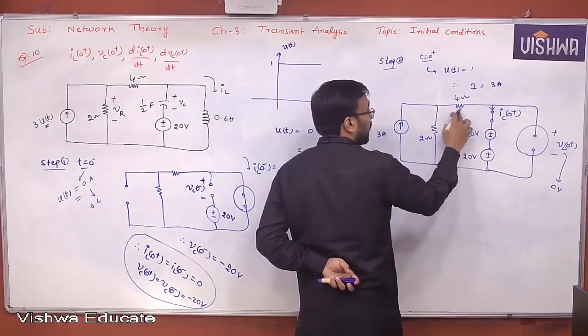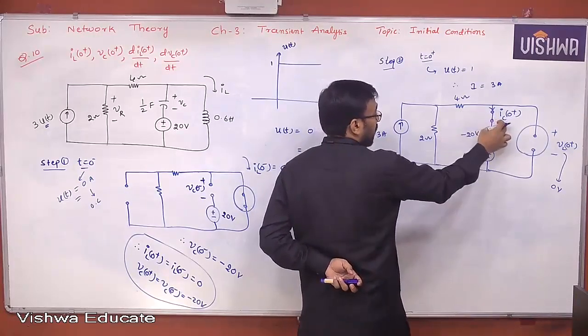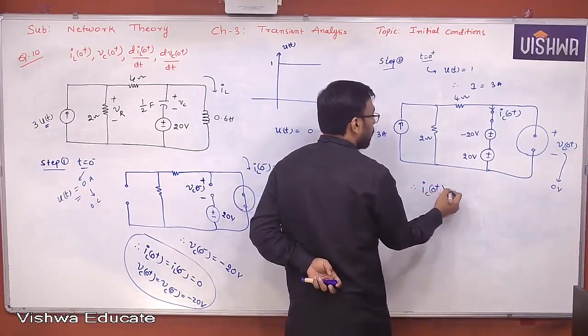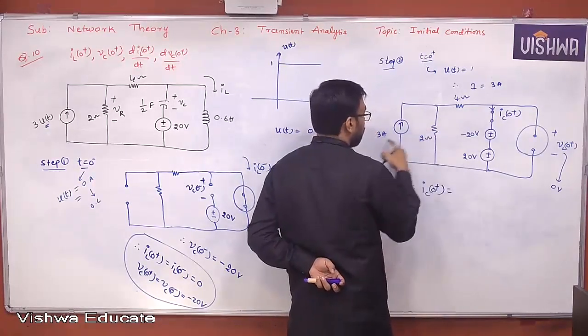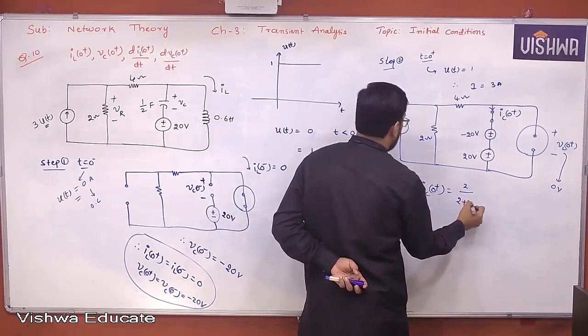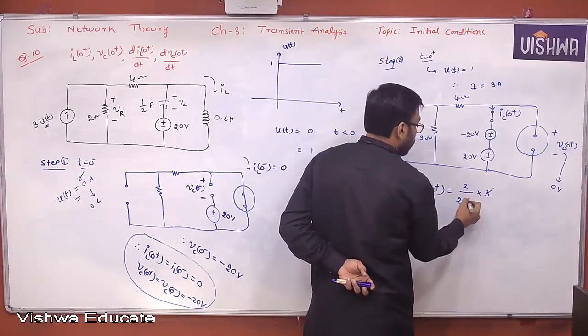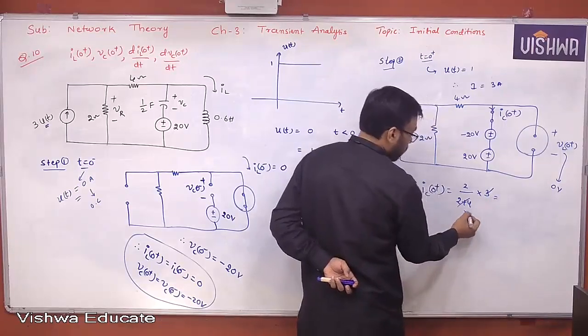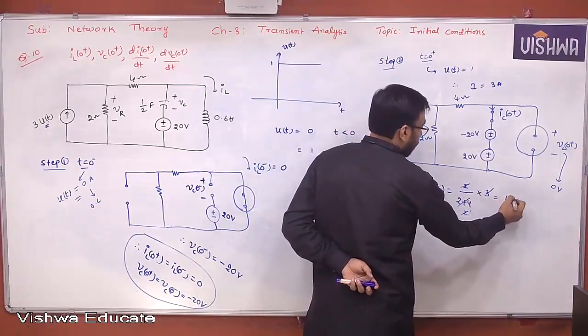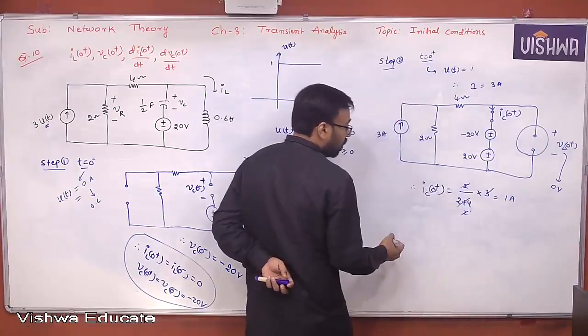Since it is open, the entire current passes through 4 ohm, nothing but IC of 0 plus. Therefore, because these two are now in parallel, the current will be divided: 2 by 2 plus 4 into 3, which is 1 ampere. Finally you got 1 ampere.